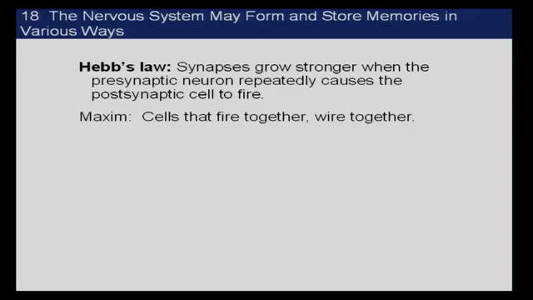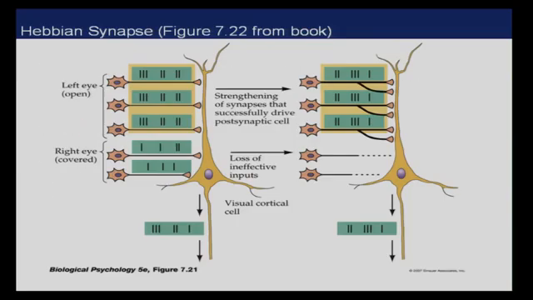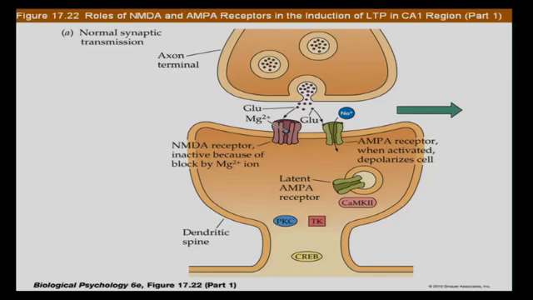You have to have both presynaptic and postsynaptic cells firing at the same time, because you need not only presynaptic activation, but enough activation of the postsynaptic cell to remove the magnesium block.